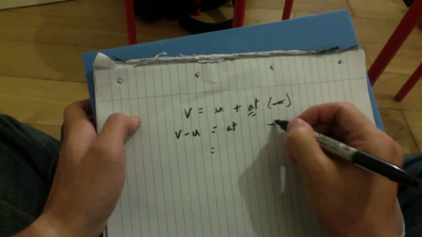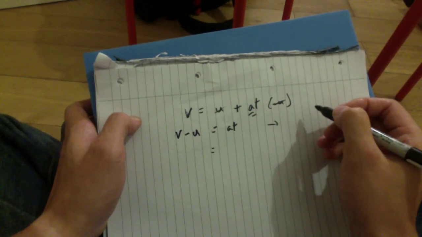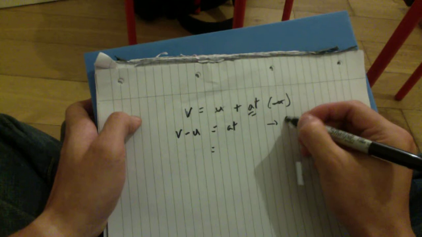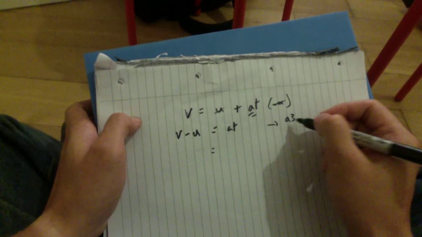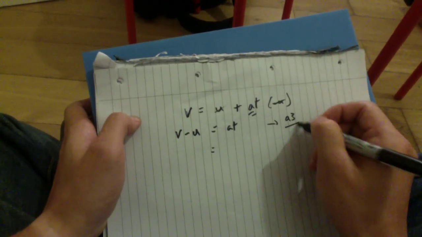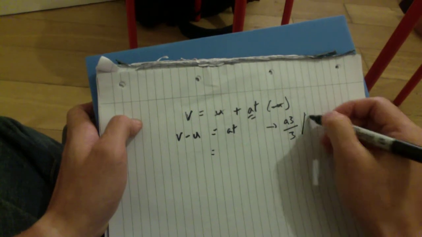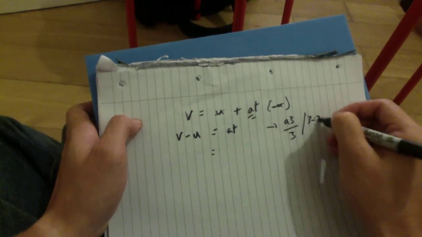It's simple. For example, if it was 3a, all you'd have to do is divide it by 3, because 3 divided by 3 equals 1.